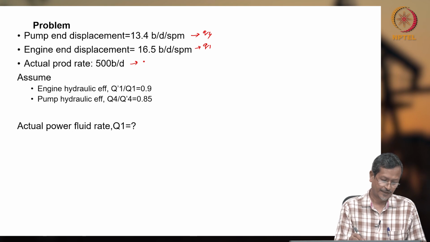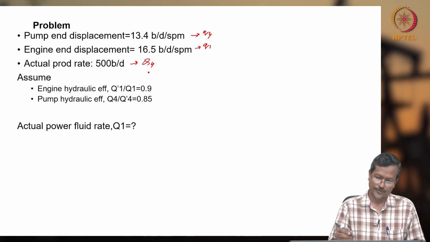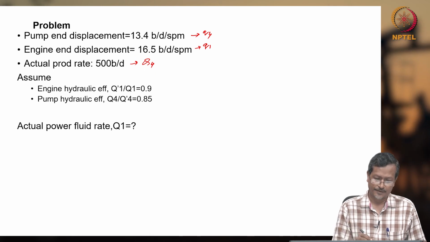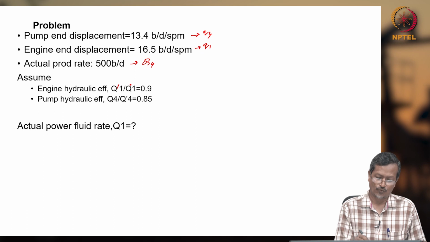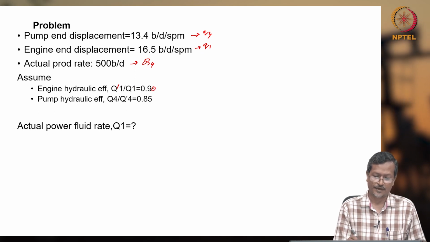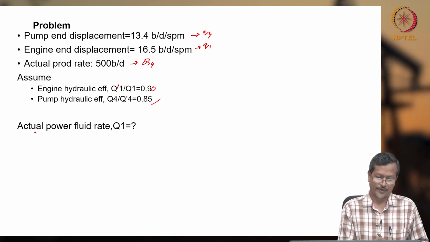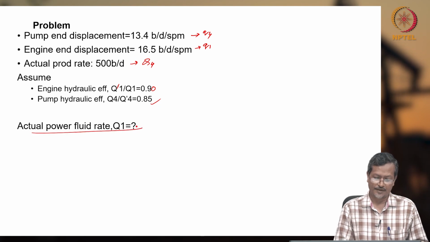Actual production rate is Q4. It is given in the problem that engine hydraulic efficiency Q1 dash by Q1 is 90%, and pump hydraulic efficiency is 85%. Now using that you have to calculate the actual fluid rate Q1.